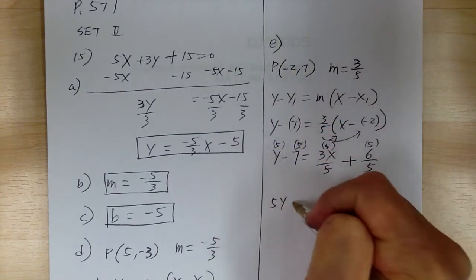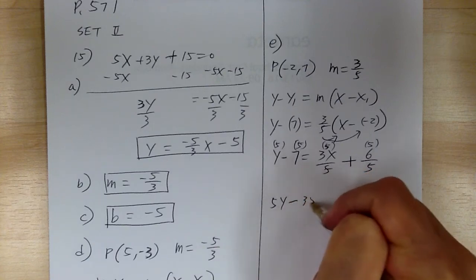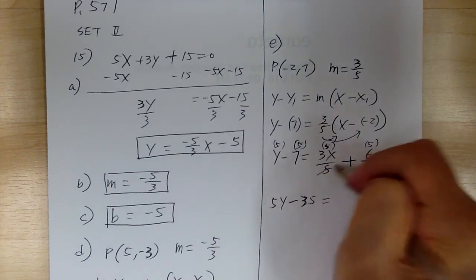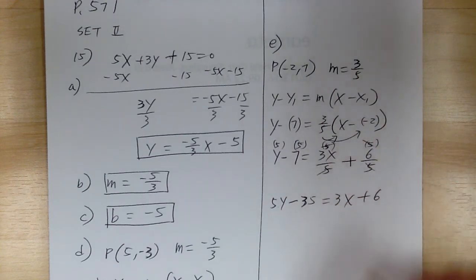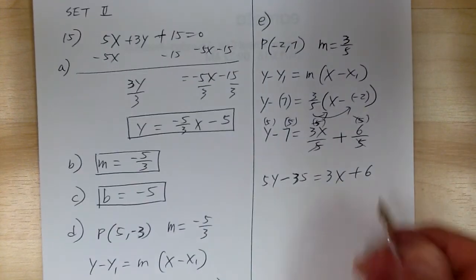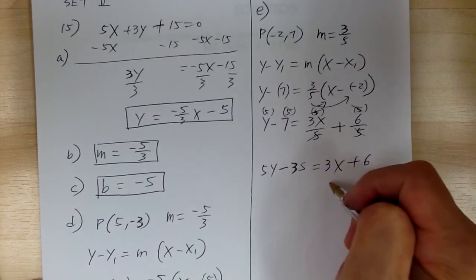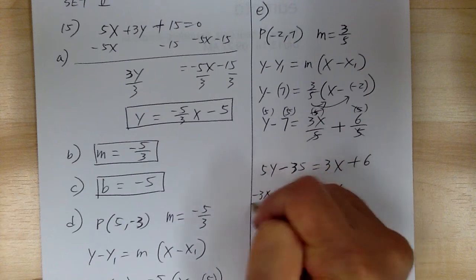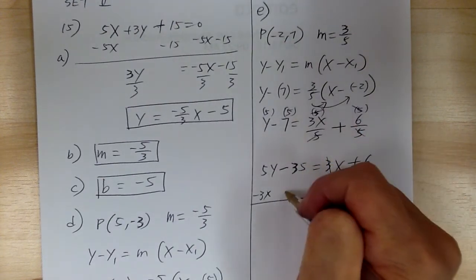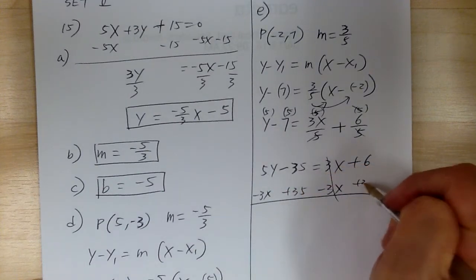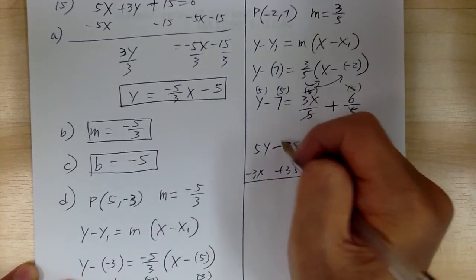This gives you 5y minus 35 equal to 3x plus 6, since the 5 cancels out. I'm going to move this to this side, so minus 3x, and then plus 35. I'm going to try to use different forms.